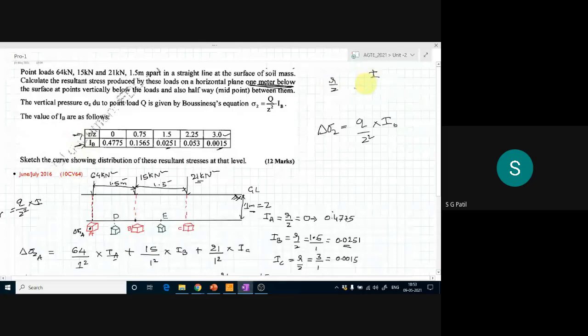The influence factor is given in the problem for different r by z combinations. For r by z equal to 0, for r by z equal to 0.75, and for r by z equal to 1.5, the influence factor is 0.0251.